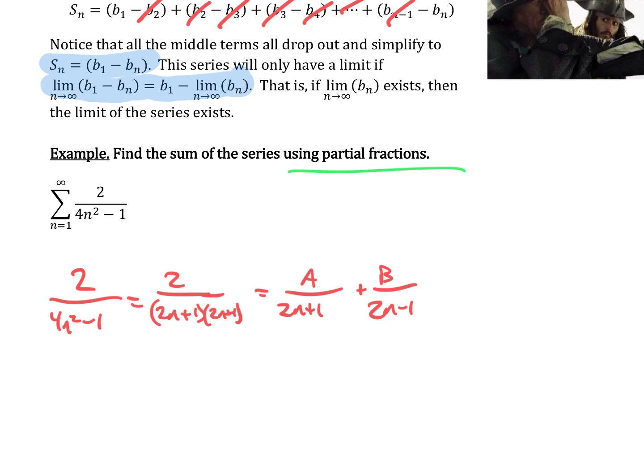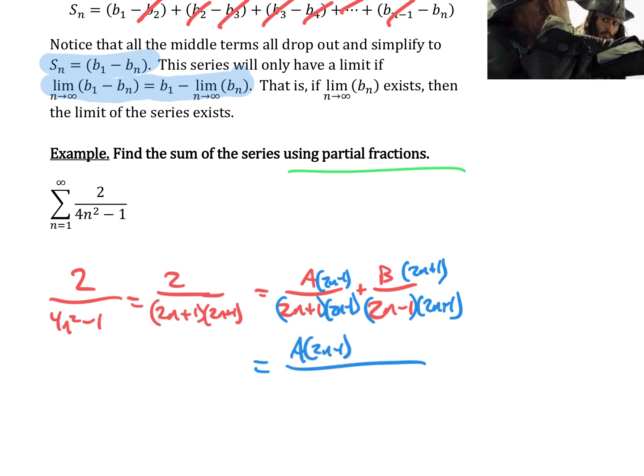If I multiply this by 2n plus 1 over 2n plus 1, and multiply this by 2n minus 1 over 2n minus 1, then we have a common denominator, and we can write it as one fraction: A times 2n minus 1 plus B times 2n plus 1, all over 2n plus 1 times 2n minus 1.